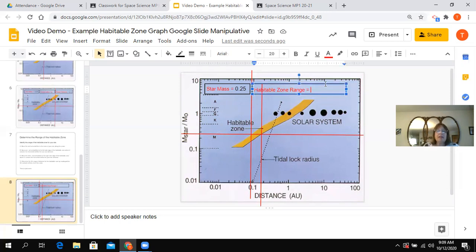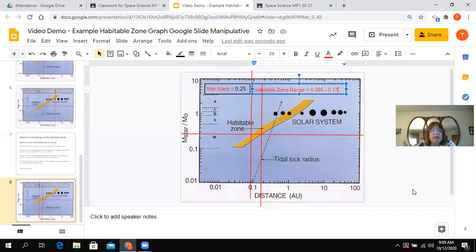So I'm going to record that up here, 0.085 is the hot edge. And then I need to identify the cold edge. So I'm coming down here, that's 0.1, this is 0.2, so it's about 0.17. That is my range for the habitable zone.